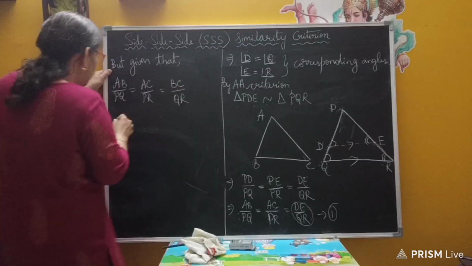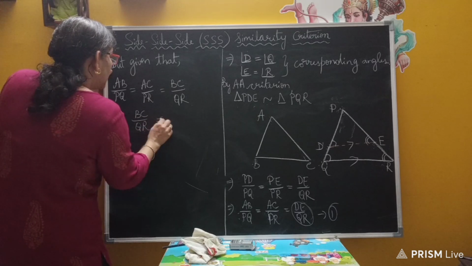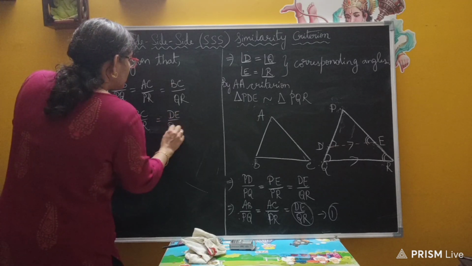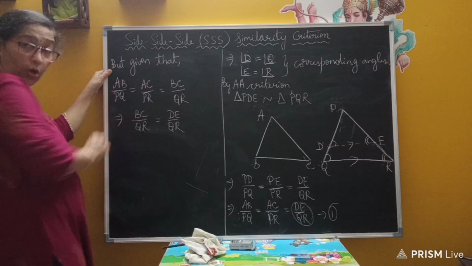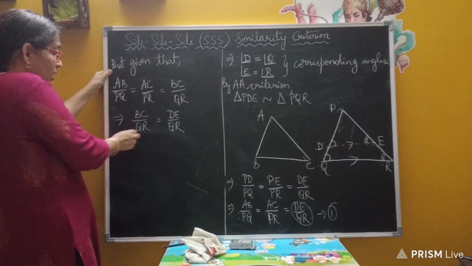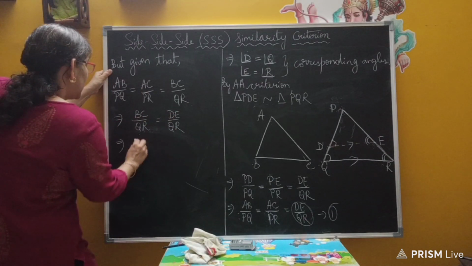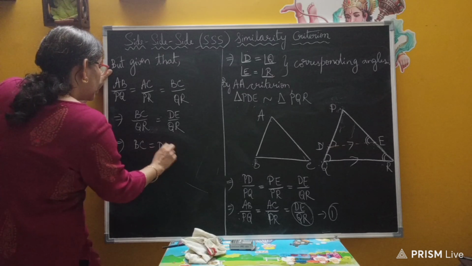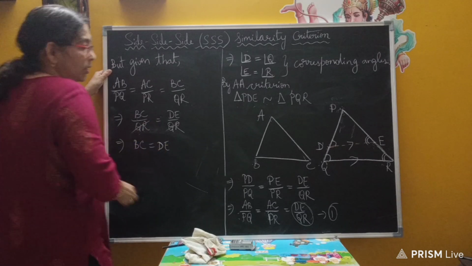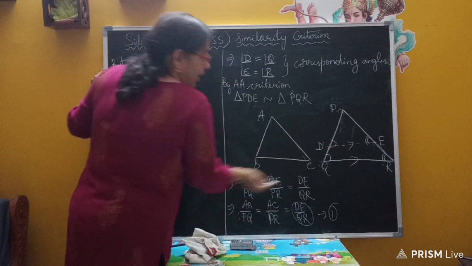This implies BC by QR is equal to DE by QR. QR is common, so the numerators must be equal. Since QR is equal to QR, numerator BC is equal to DE. So BC is equal to DE.